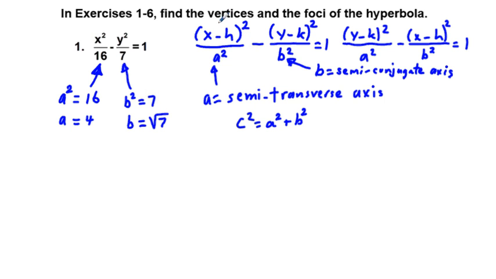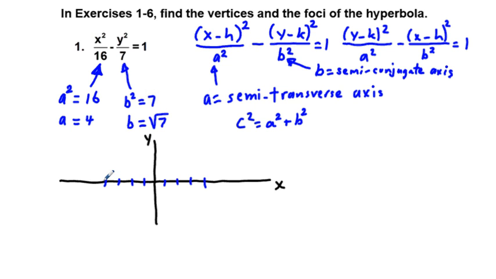And so now we can graph, and to do that, let's draw x-y axes here. Our semi-transverse axis is 4, and so what we do is we go 4 units to either side: negative 1, negative 2, negative 3, negative 4, positive 1, positive 2, positive 3, positive 4.